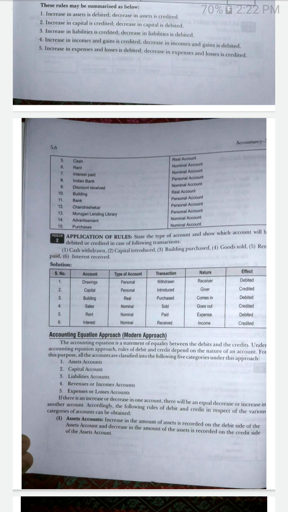Understood? Because the amount of the asset is increasing, and the asset is already a debit balance, the debit balance will also increase. So an increase in the amount of the asset account is recorded on the debit side, and a decrease in the amount of the asset account is recorded on the opposite, that is the credit side.